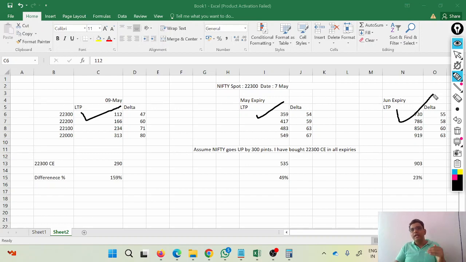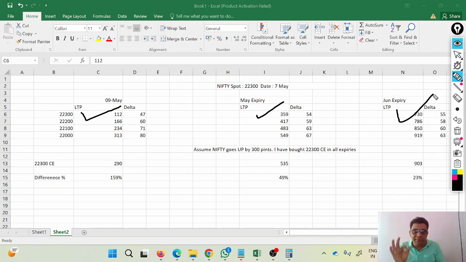But this has not happened that frequently in 22, because VIX was higher and option premiums were higher. As option premiums are higher, other factors like theta decay also act very much on the option premium. So the option premium shooting up did not happen that much in 22. This is the theoretical concept, the important concept.